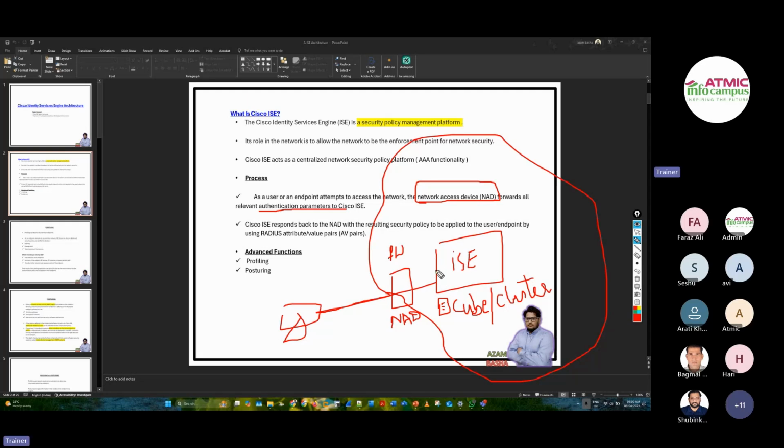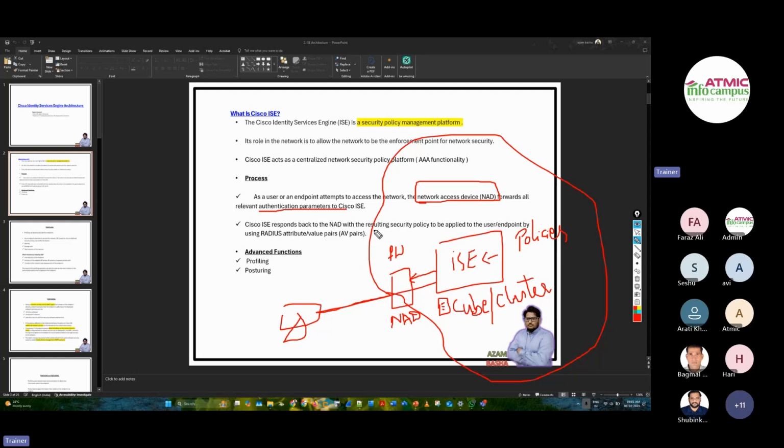Once the request is forwarded, ICE checks the policies. We'll discuss in detail what those policies are: how to create policies, how to manage policies, how to troubleshoot policies, and how to monitor them before troubleshooting. So ICE checks the policies and then sends back the response.